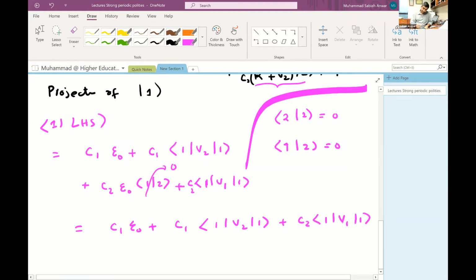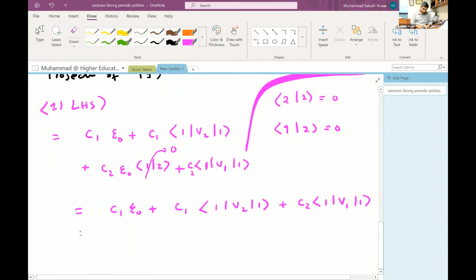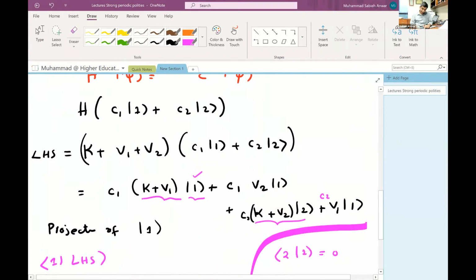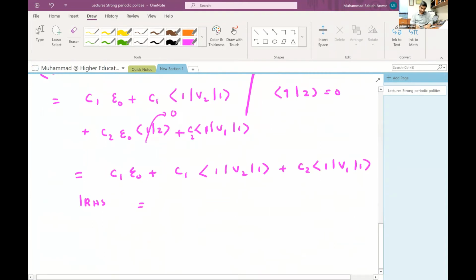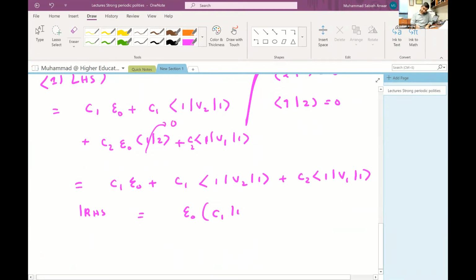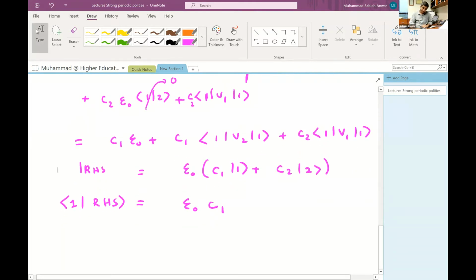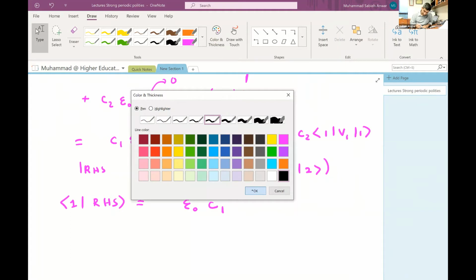Now let's look at the right hand side. The right hand side of the Schrodinger equation is epsilon psi, which is epsilon times C1 ket1 plus C2 ket2. Now let's take the projection on ket1. This will leave us with epsilon C1. Now I can equate the two projected scalars.